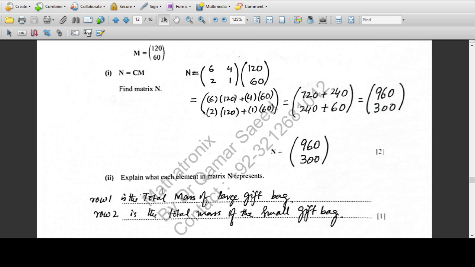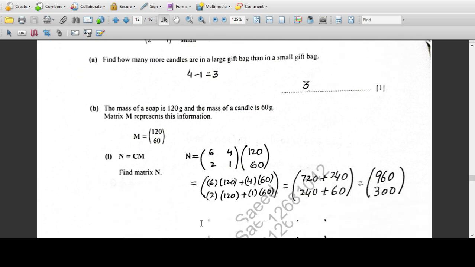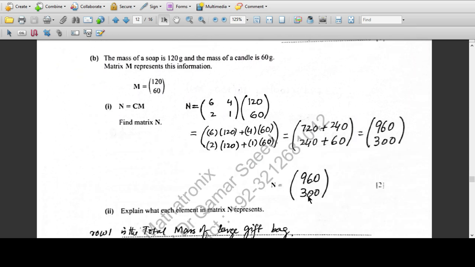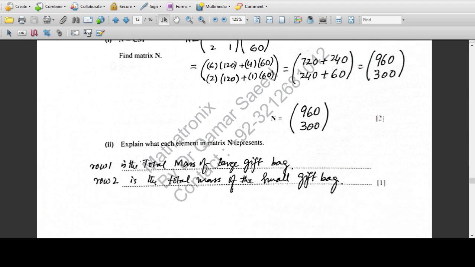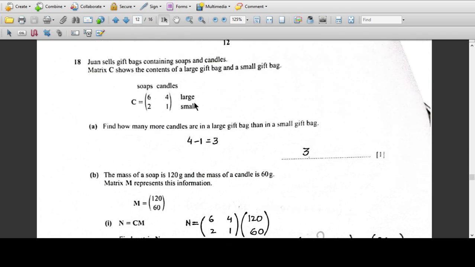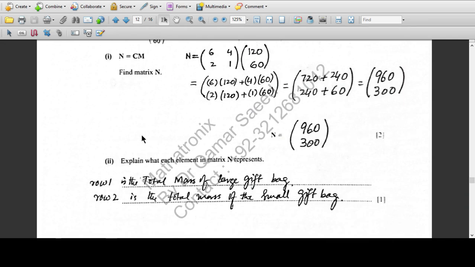So the first row represents the mass of a large gift bag and the second represents the mass of the small gift bag. Simple. This is a practical application of matrices, and a very simple one.